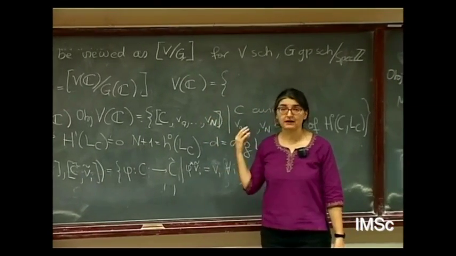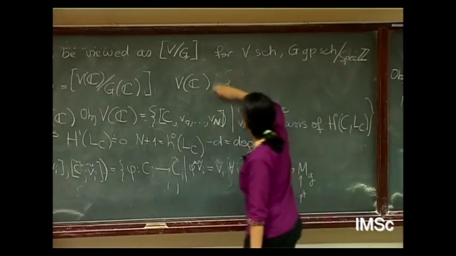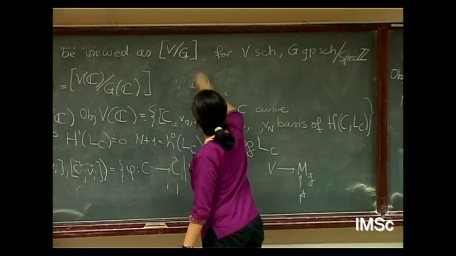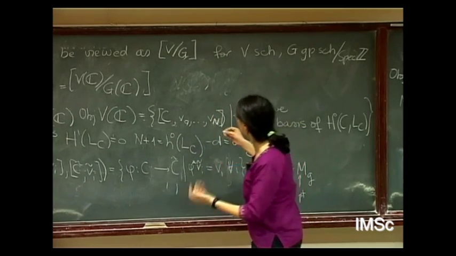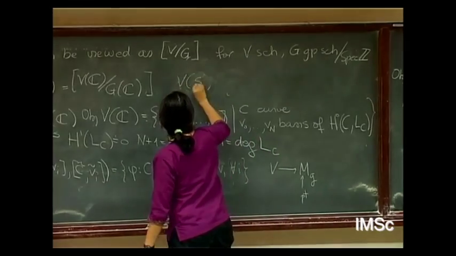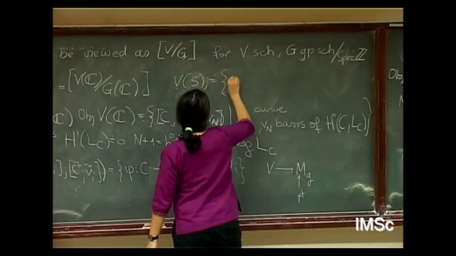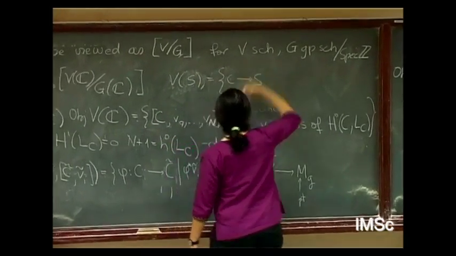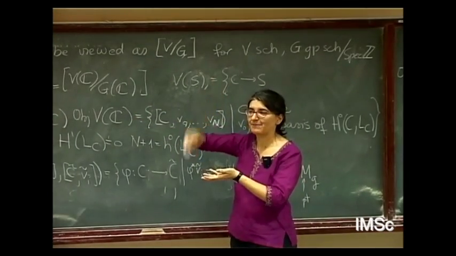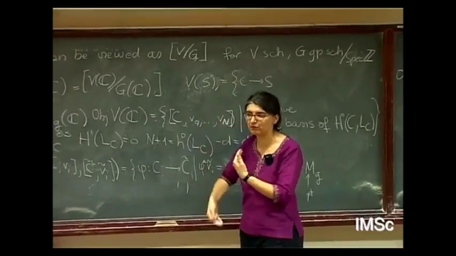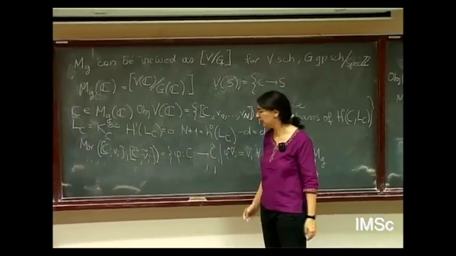Now you can make a scheme theoretic version. So V of S is C of S, and then you have to take the basis of the fiber bundle, which is the total pushforward, and so on.